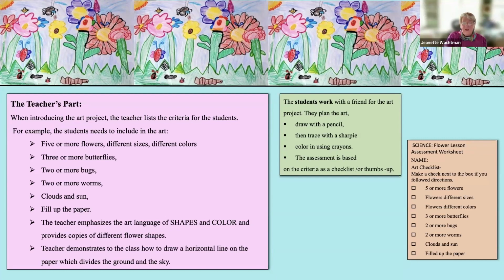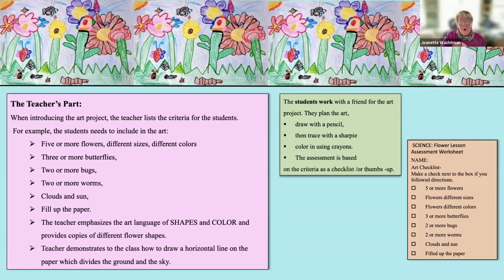And then the third part is that you need to do a demonstration. It's kind of a security blanket where, okay, this is how you start. You can draw this on the board, or you can have your students stand around you. On the paper, or on the board, you draw the line and say, this is the ground, this is the sky, and we know our flowers grow from the ground.